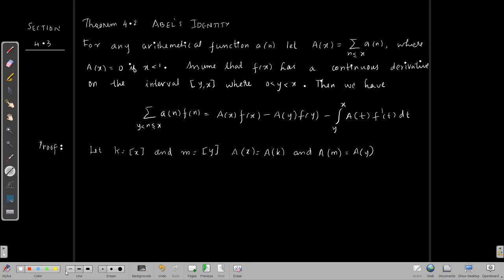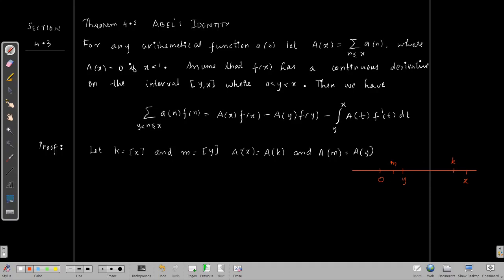So we have, let this be 0. Since 0 is less than y is less than x, we have y here, and x can be somewhere over here. Then the integral part of y is defined as m, and the integral part of x is defined as k.